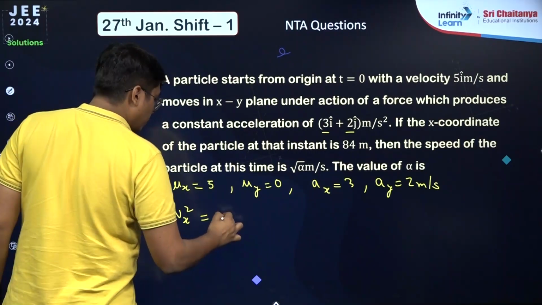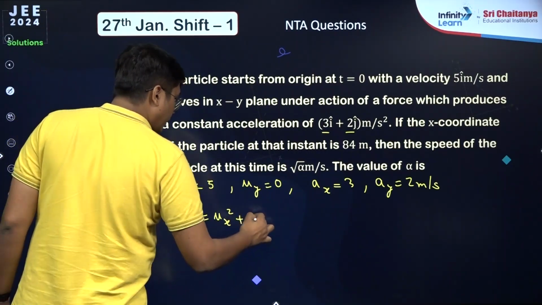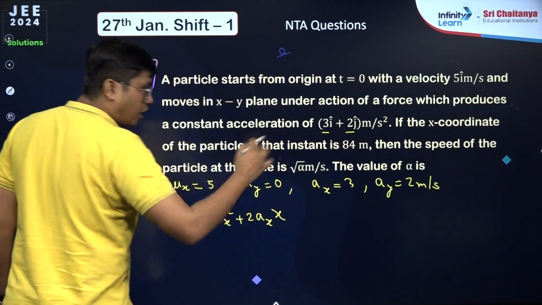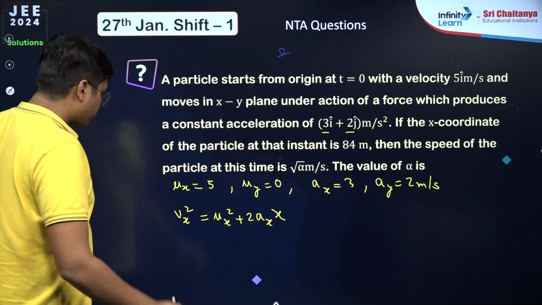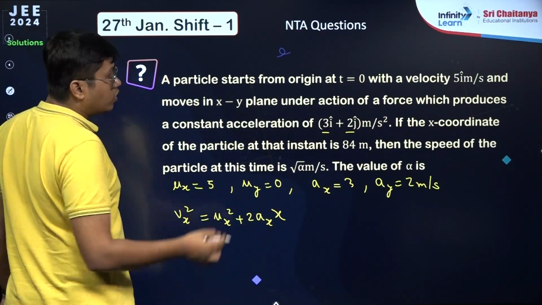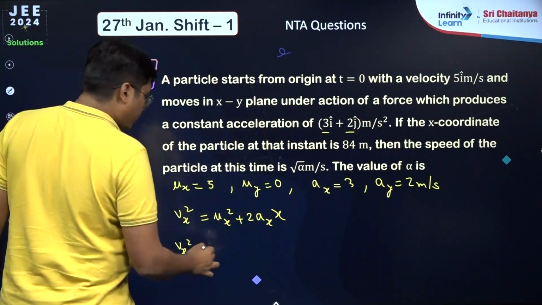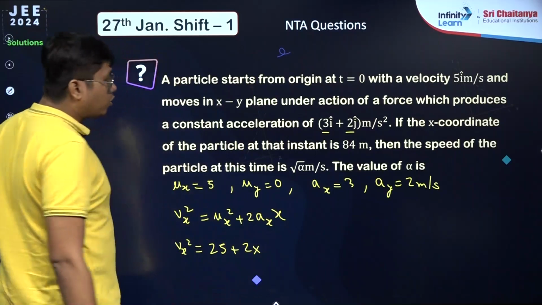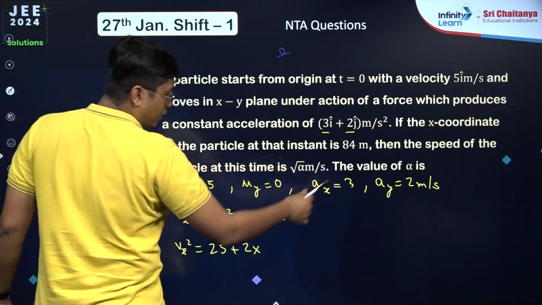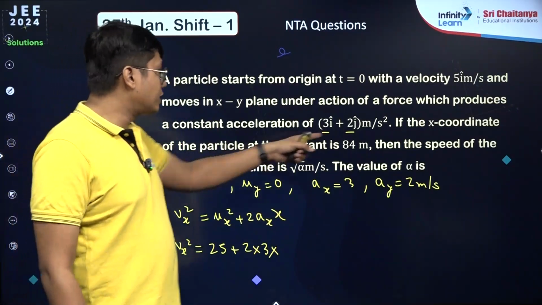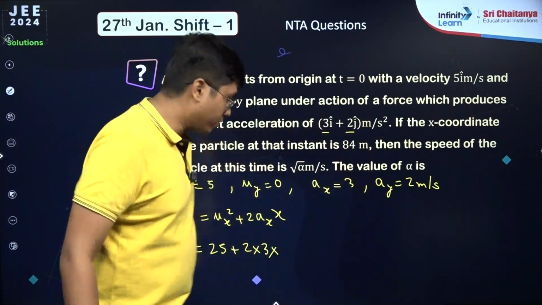Vx square is equal to ux square plus 2ax into x, how much it has moved in the x direction. So we get Vx square is equal to ux square, that is 5 square, so 25, plus 2 into the x-axis acceleration, 3, into the displacement in the x coordinate, 84 meters.